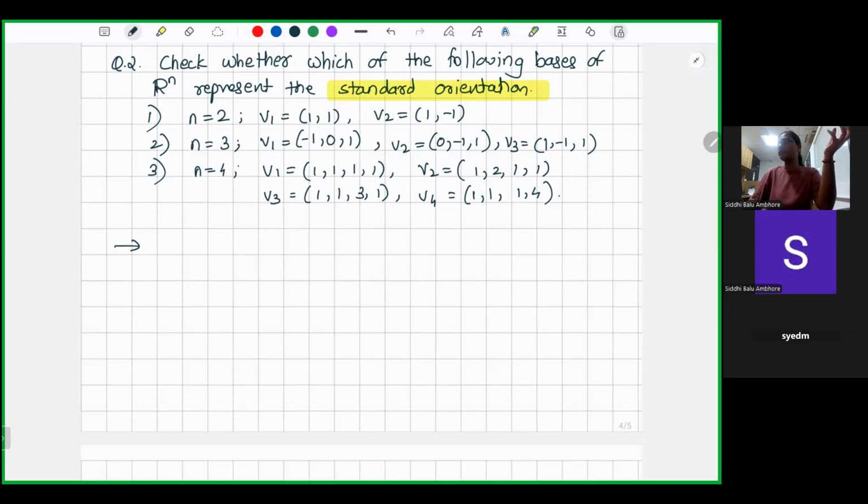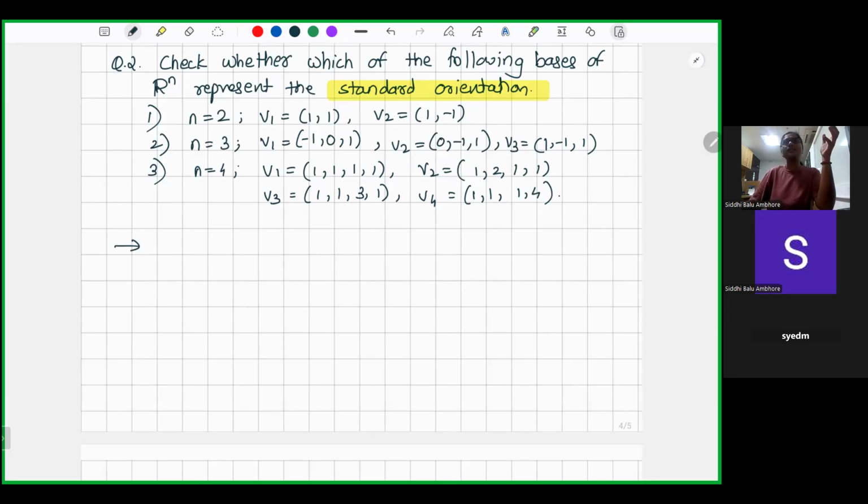Where when we have two bases in the same class, we say that they follow the same orientation.